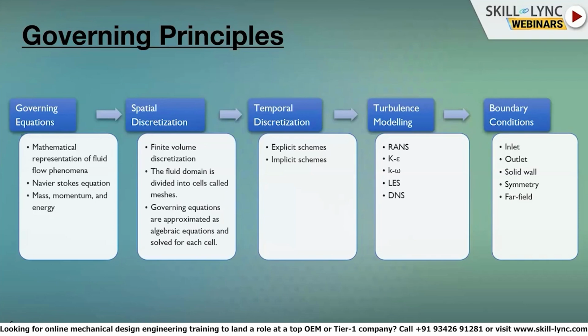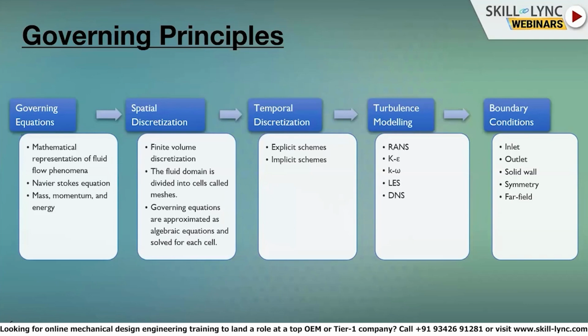Another, last but not least, is the setting up of the boundary conditions. Why it is important is, as I said before, we are approximating a real problem with a numerical solution. So we need to know the actual boundaries of the problem so that we can specify them.